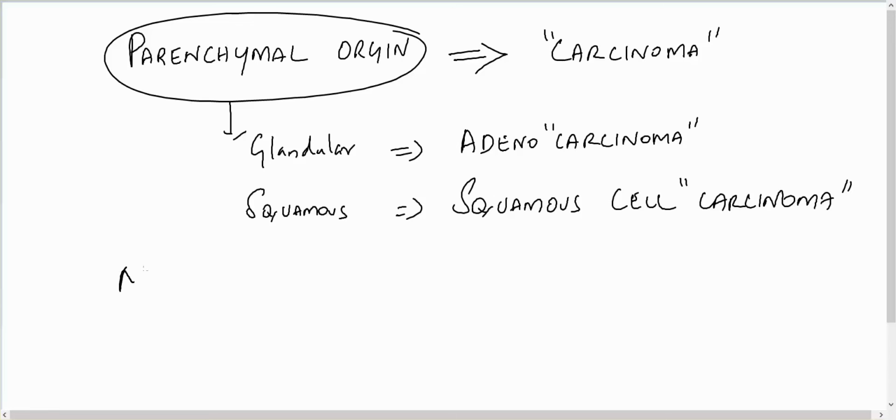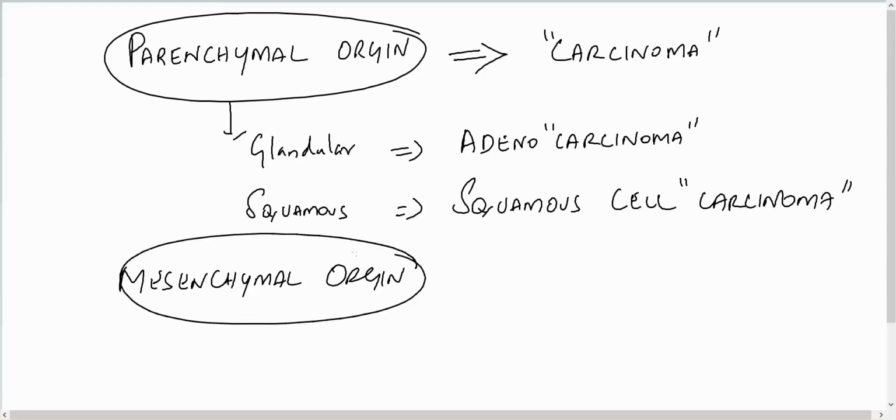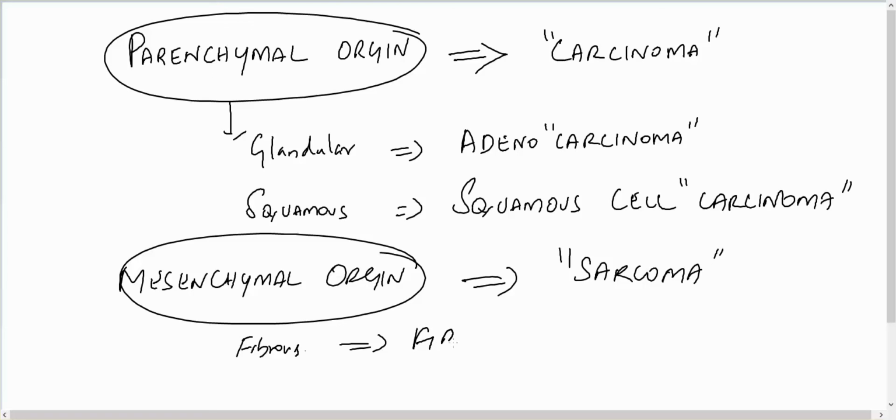If they are coming from mesenchymal origin, we call the suffix sarcoma. If they form fibrous tissue, then it is called fibrosarcoma.